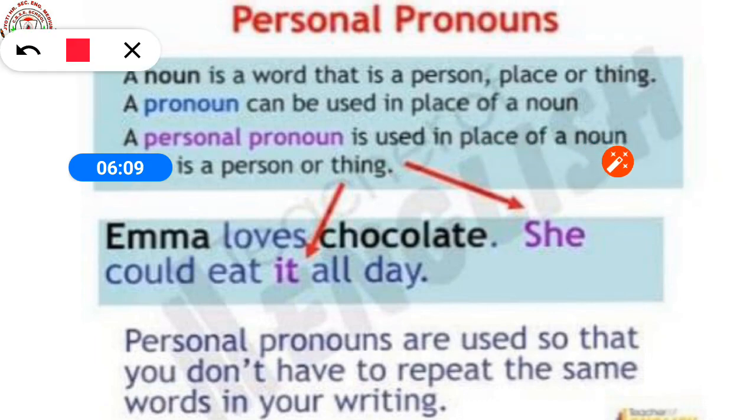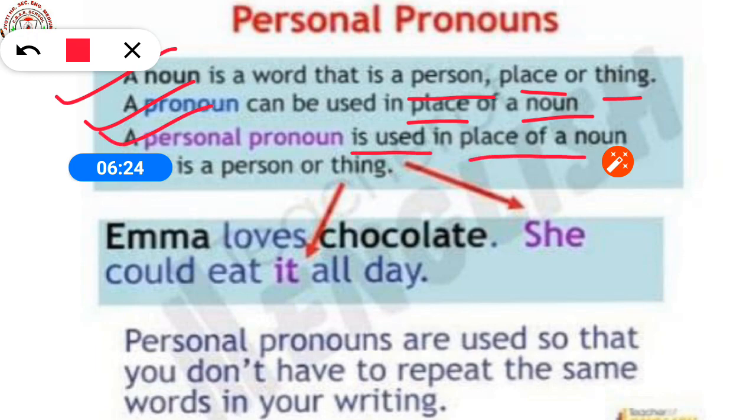So, a noun is a word that is a person, place, or thing. A pronoun can be used in place of a noun, but a personal pronoun is used in place of a noun that is a person or thing.